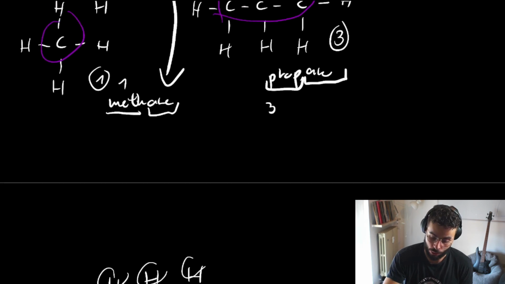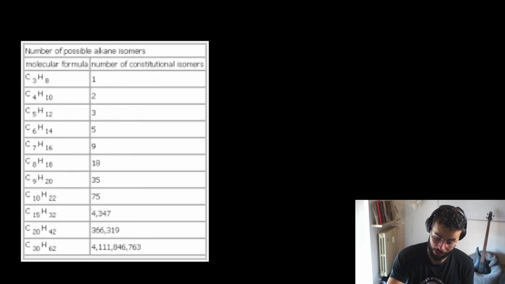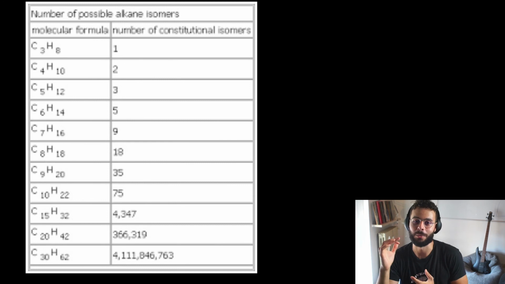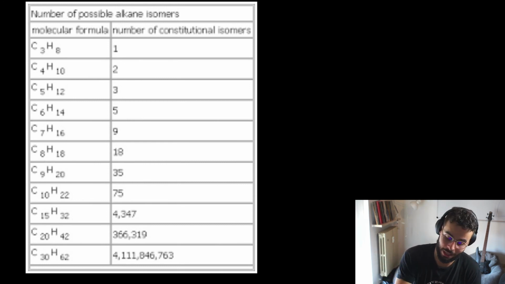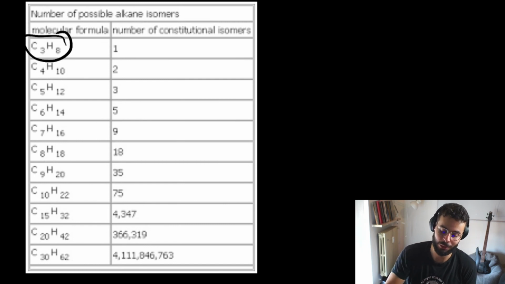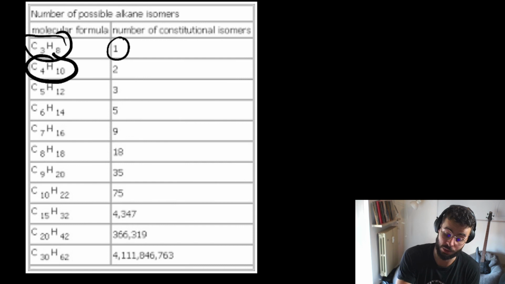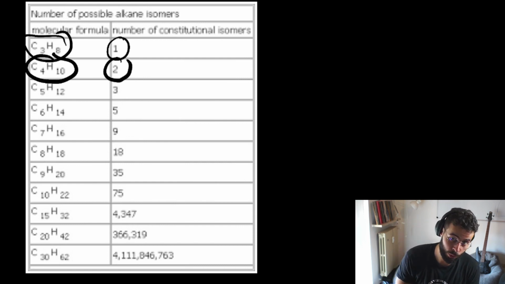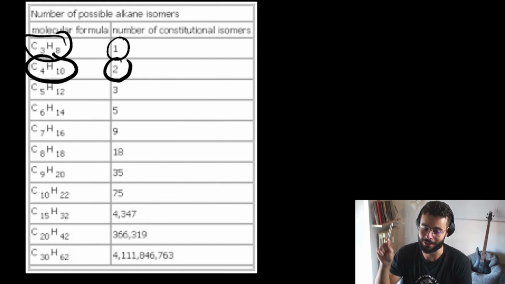The longer and bigger the molecule gets, the more complicated it becomes, and the more structural isomers can occur. So for example, if we have propane, you would only be able to create a single one, a single isomer. It doesn't have any isomers. If we have butane, as you saw, we're starting to get two ways you can have the same formula but different ways to orient it in space.